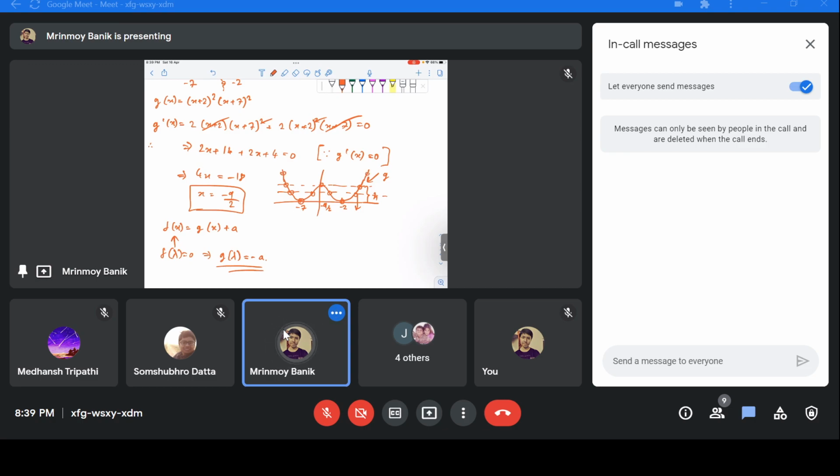But what do we need? We need exactly one repeated root, right? So if we substitute a equals to 0, then it touches the x-axis at minus 7 and minus 2.